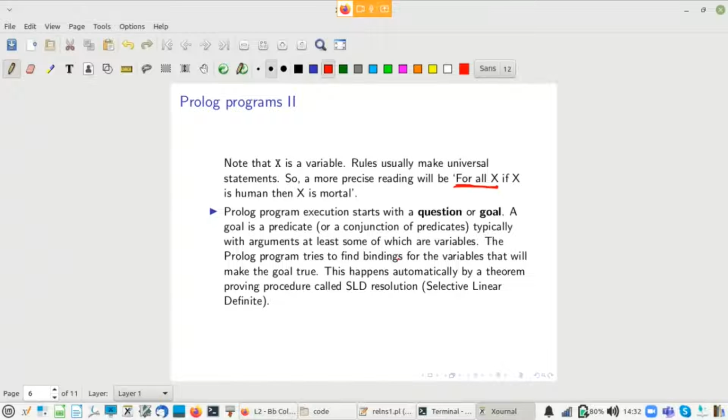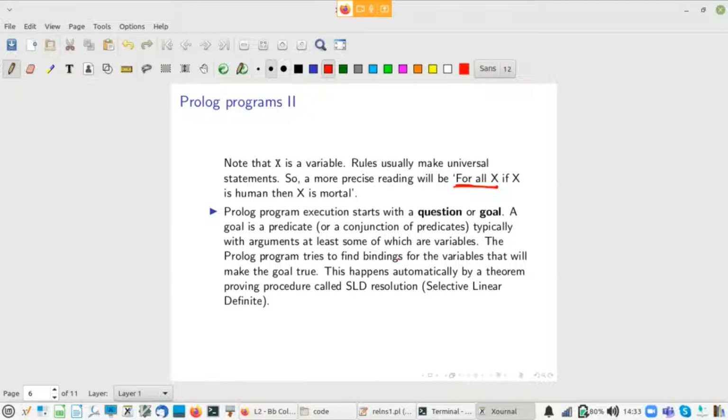You can ask the Prolog interpreter to find all the bindings in one shot, so you get all the correct answers, or you can ask it to find them one by one. That is, you control it. You ask for the first binding, it will give you the first answer, then you ask for the next binding, it will give you the next answer, until all of them have been found, or you can exit at any point.